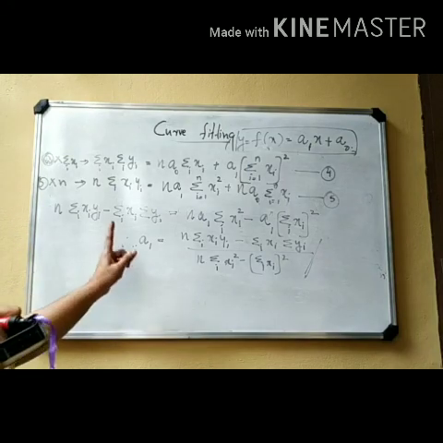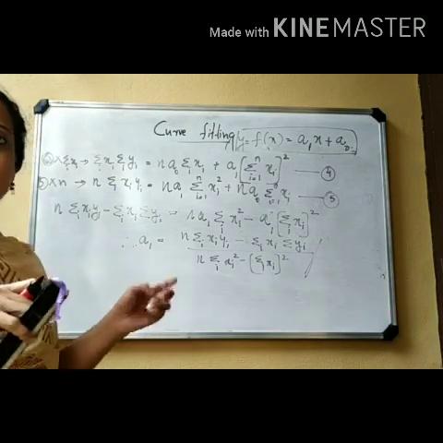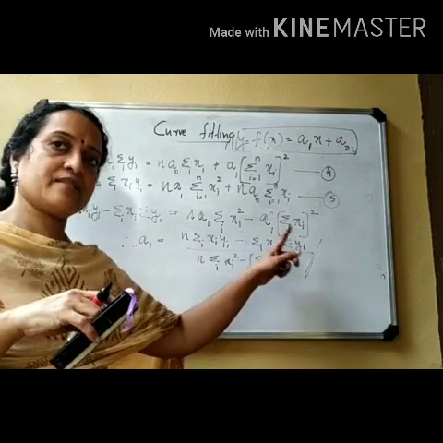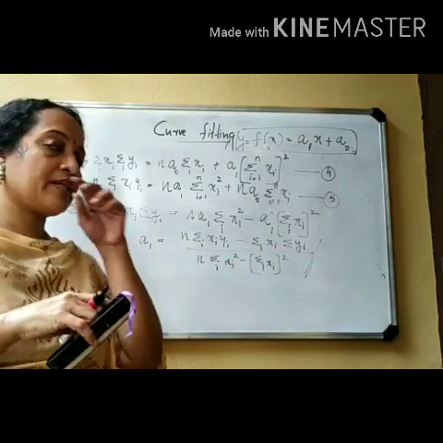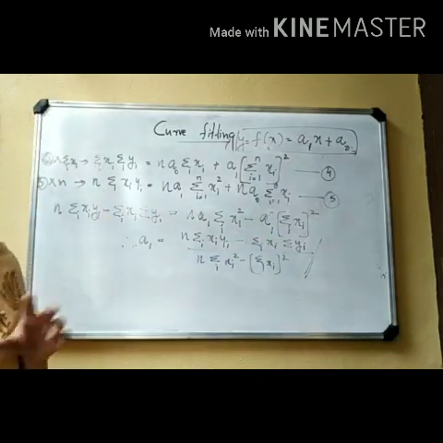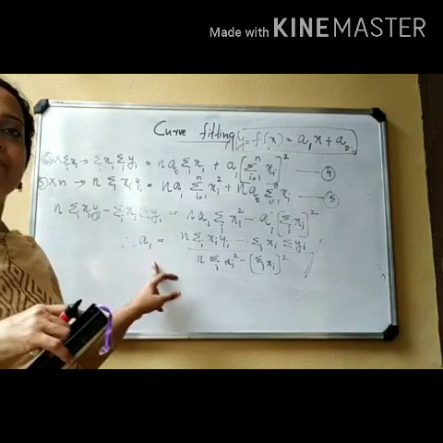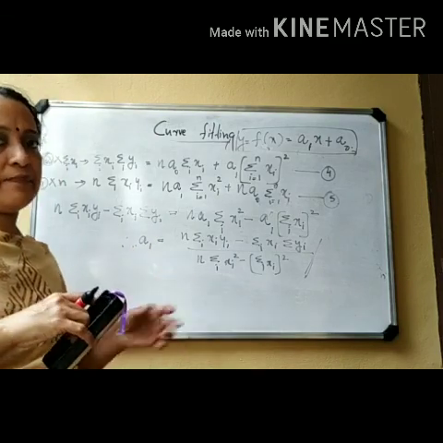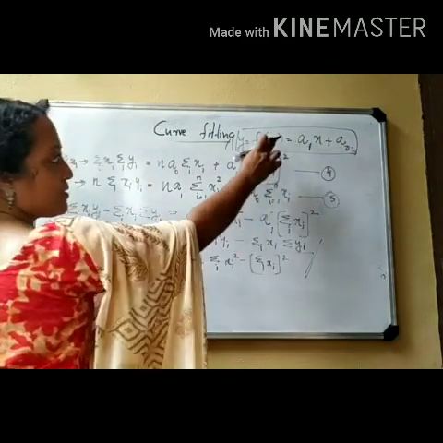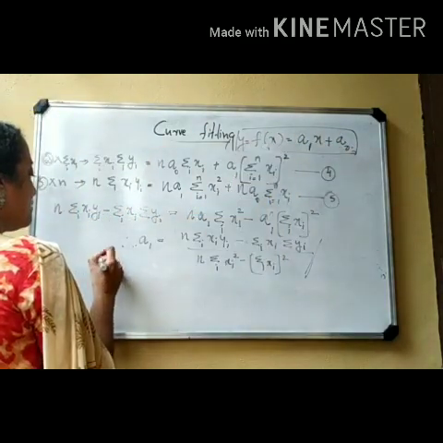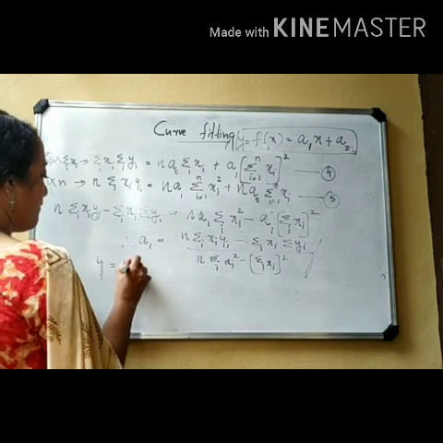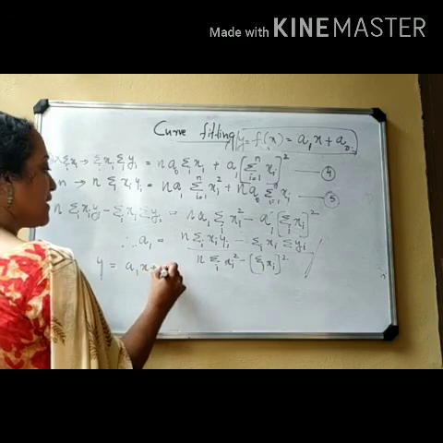So we get a1. We are given x and y values. From that we can calculate sum of xi yi, sum of xi, sum of yi, sum of xi square and sum of xi the whole square. All these values we can calculate from the given x and y values, and from that we may find the value of a1. And once we get the value of a1, we can calculate a0 using this equation. We know that y is equal to a1 x plus a0.